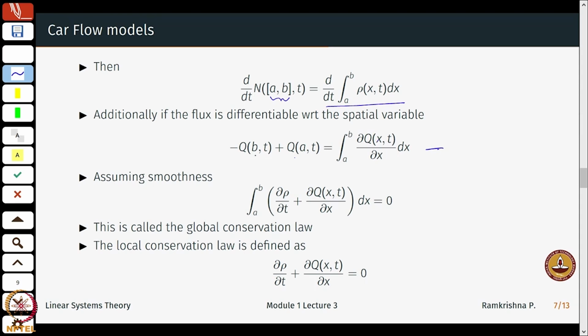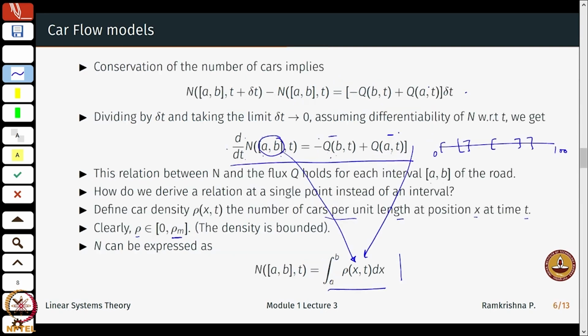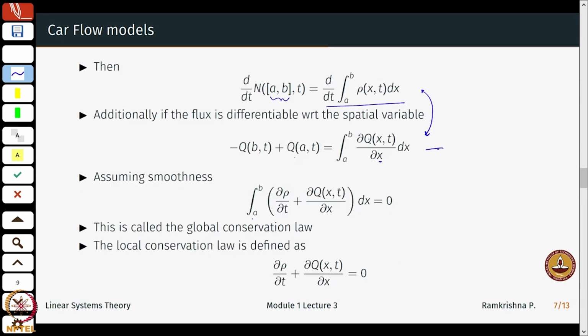So assuming that q is differentiable with respect to x, I can write minus q b comma t plus q a comma t as this expression, and now I just combine these two, and I get the integral from a to b of d rho by dt plus dq by dx times dx equal to 0, right, assuming smoothness and all that nice properties.